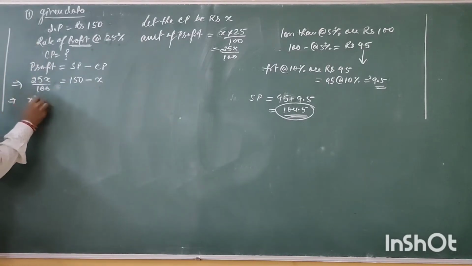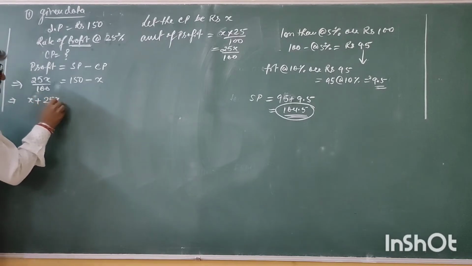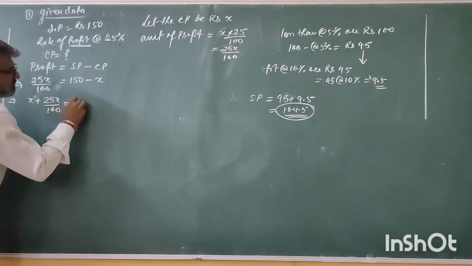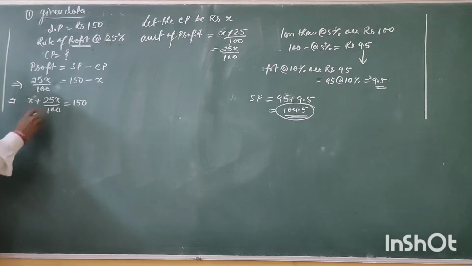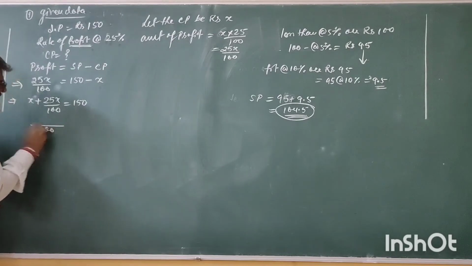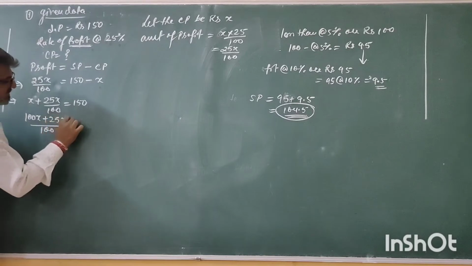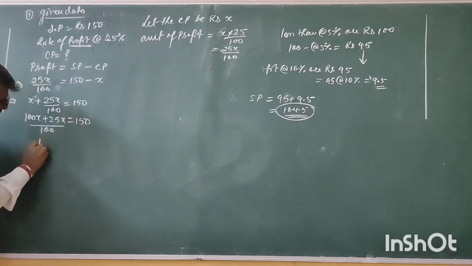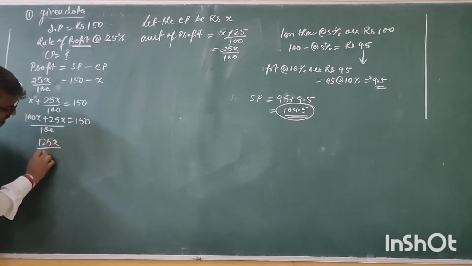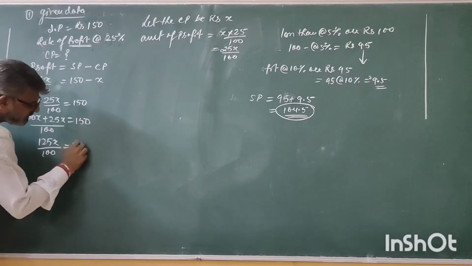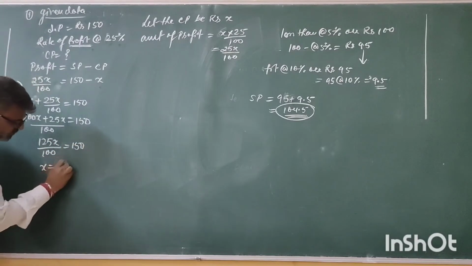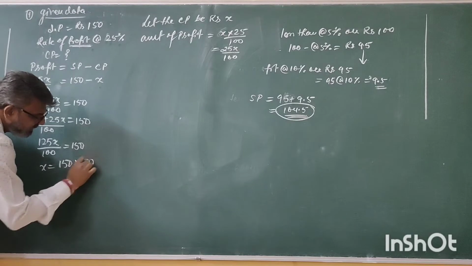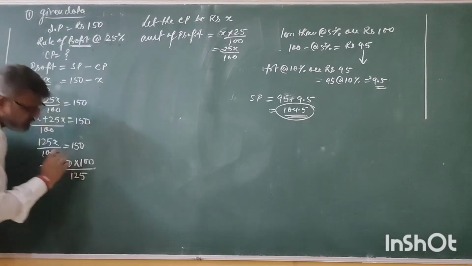Therefore, x plus 25x upon 100 is equal to 150. LCM 100, say 100x plus 25x is equal to 150. Therefore, 125x upon 100 is equal to 150. Now x is equal to 150 into 100 divided by 125.